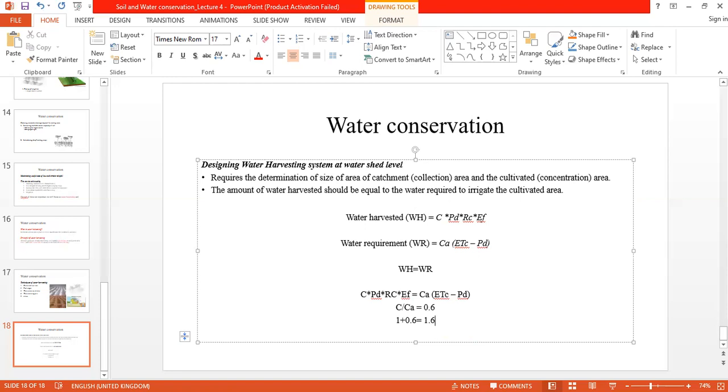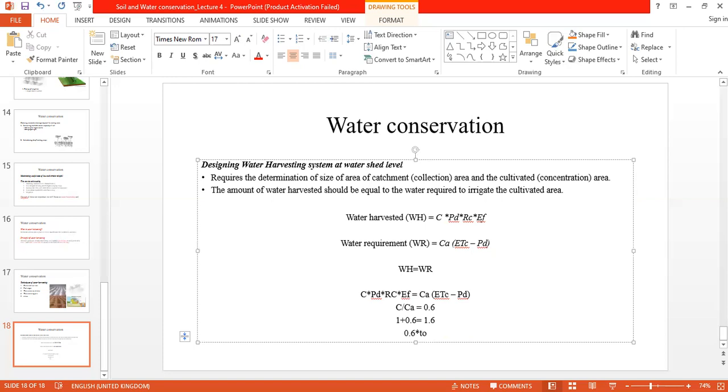That will be the total. So if this is 0.6, it means that if we want to find the cultivation area, it's going to be 0.6 multiplied by your total area.